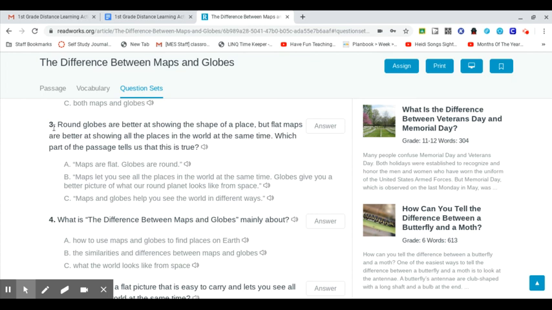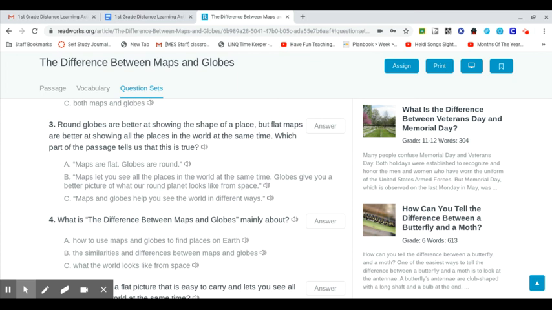So remember, let's go back up to our question, and we are looking for which one would describe more that globes are better at showing the shape, but maps are better at showing all the places in the world at the same time. Because since a map is flat, you can see all the continents and all the countries, or a bigger picture of what you're looking at. So, what do you think this answer would be?